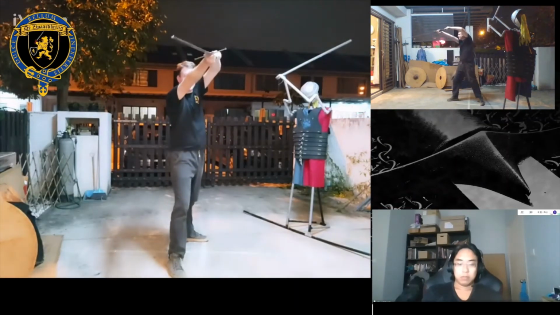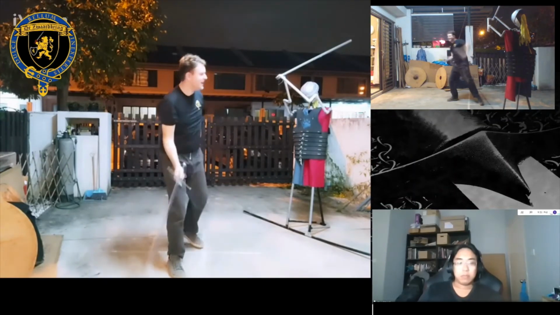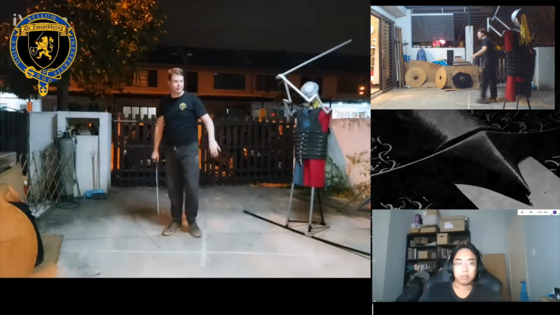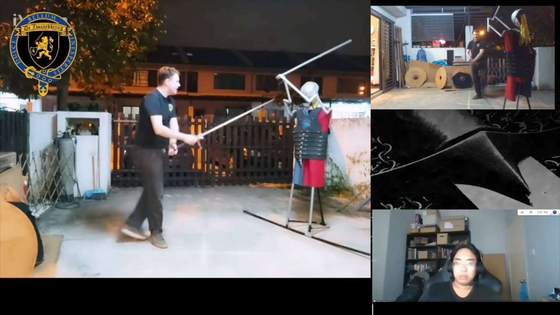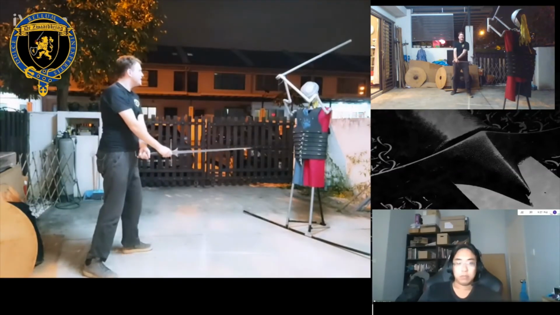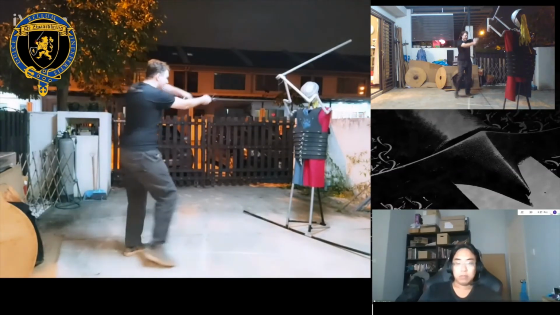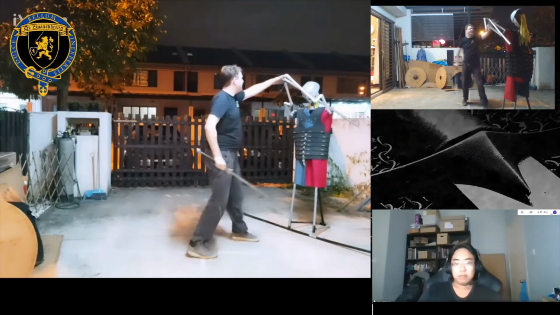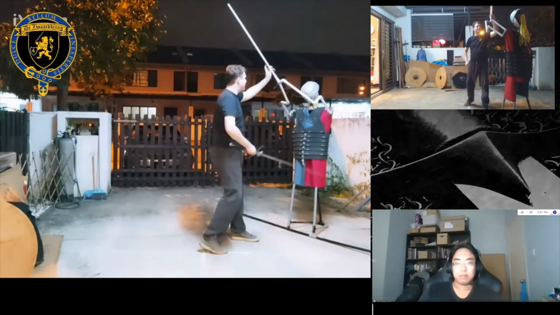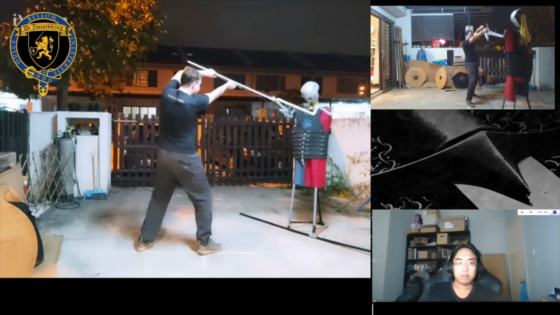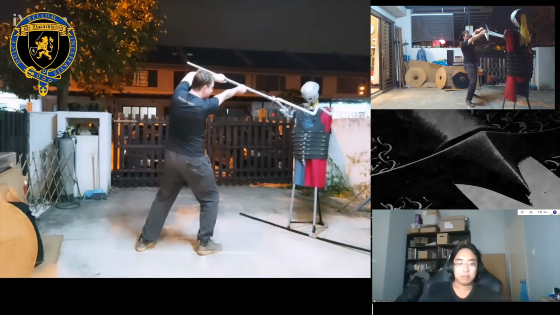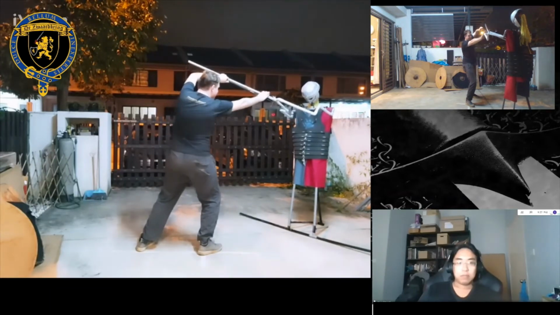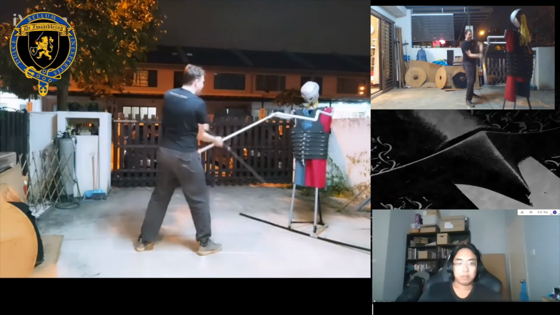And I raise my sword high so that I'm defending against his inevitable cut. So I'm standing here, he raises his sword up high, and I can cut here. And if his sword had not fallen backwards but forwards, he would have hit my sword, my crossguard. More likely like this, but yeah.